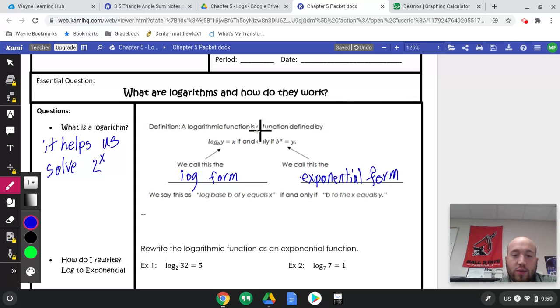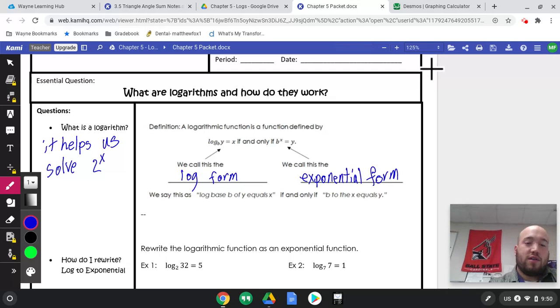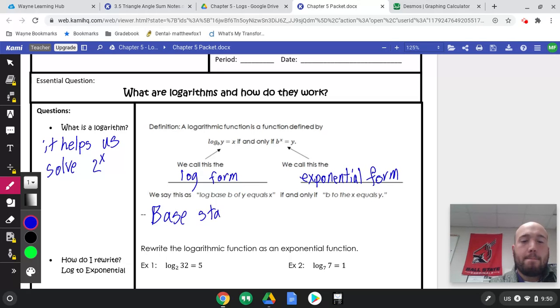If we're trying to switch between these two, the easiest way I have for you to remember it is this little saying: base stays base, and then the other two switcheroo. I'll show you what that means in just a second.